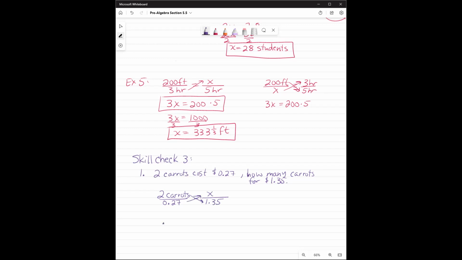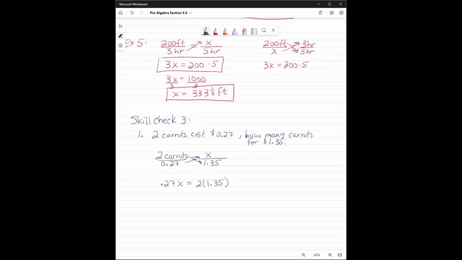So I'm going to cross multiply here. So I have 0.27x equals 2 times 1.35. I'm going to go ahead and combine those. 2 times 5 is 10, carry my 1, so that's a 7, and then 2. So that's $2.70. And then when we divide by 0.27, they're really giving you some practice with your decimals.